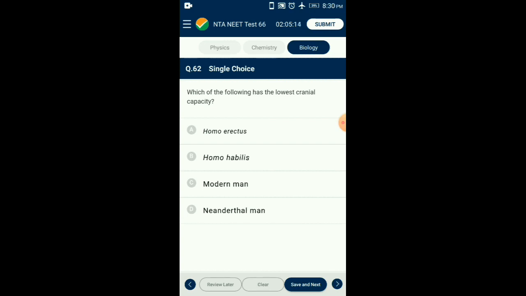Homo erectus had a large brain, around 900 cc, and probably ate meat. The Neanderthal man with a brain size of 1400 cc lived in the Near East and Central Asia between 1 lakh to 40,000 years back. So the answer for this question is option B, Homo habilis.